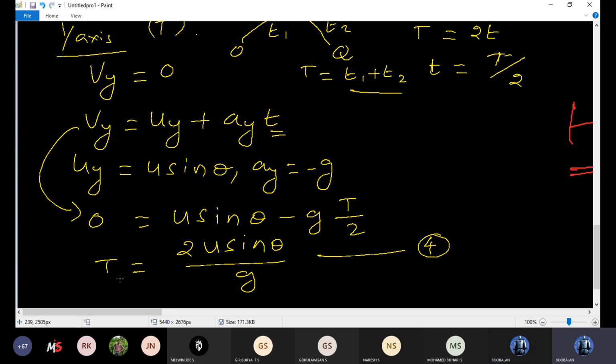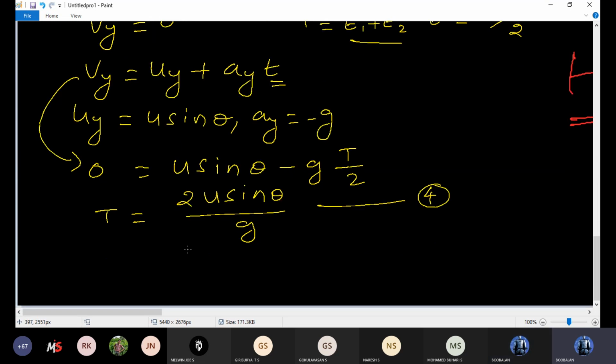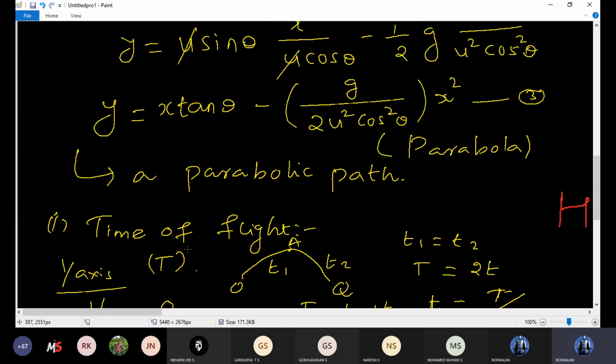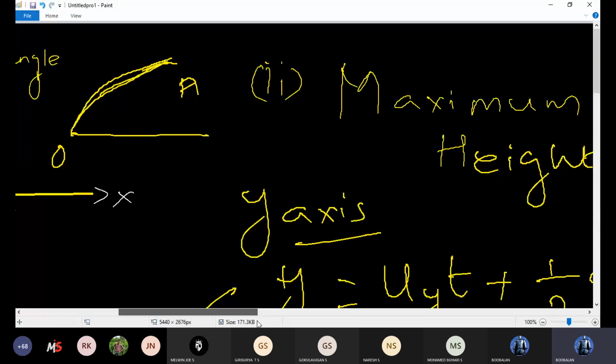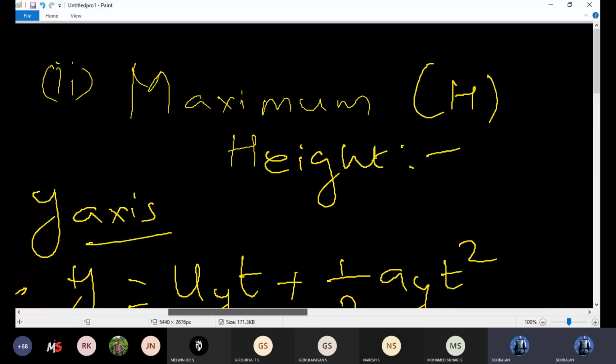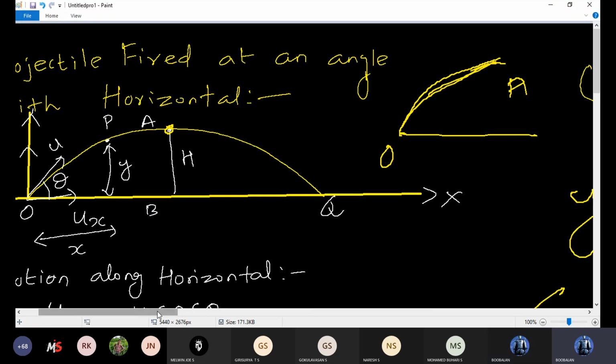Okay. So next, maximum height. This is the maximum height point, that is h. It is also a vertical component.